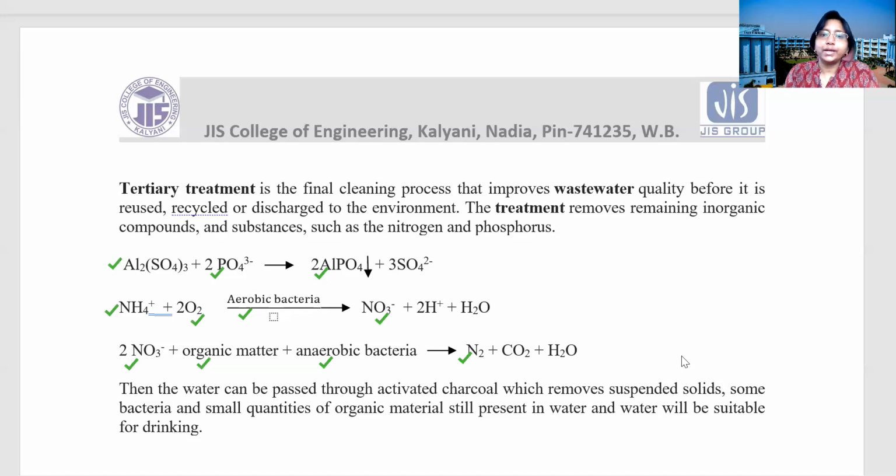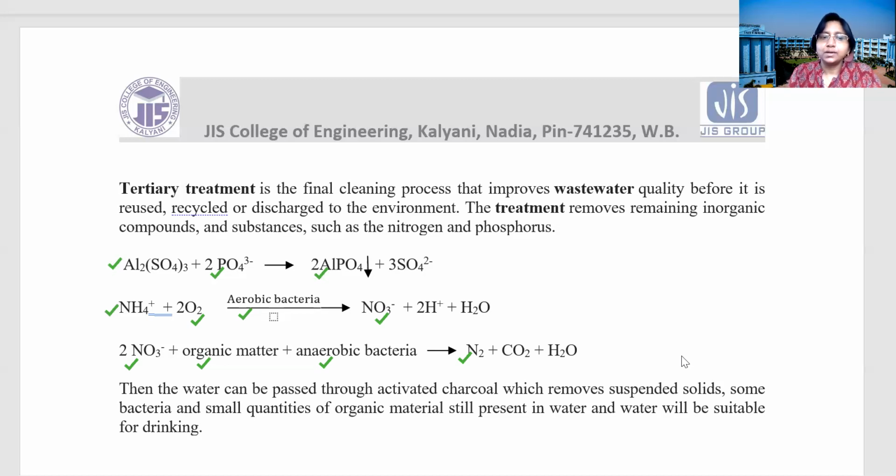So it is in this way we can remove the phosphorus and nitrogen, the nutrients present in the water bodies. Still, after all this treatment, the water may contain some fine particles or suspended solid particles.